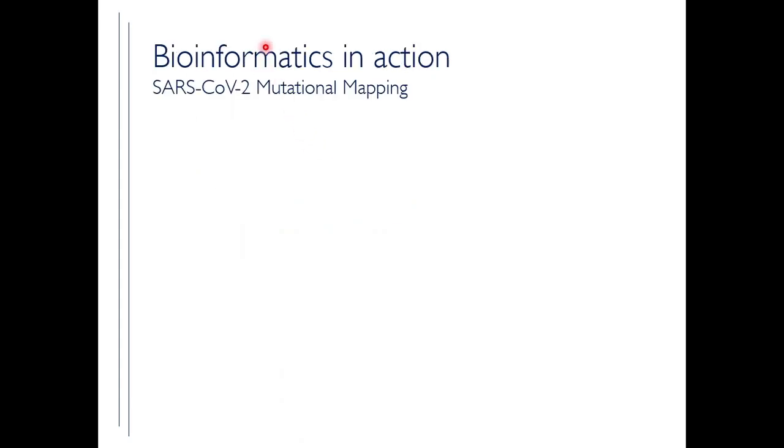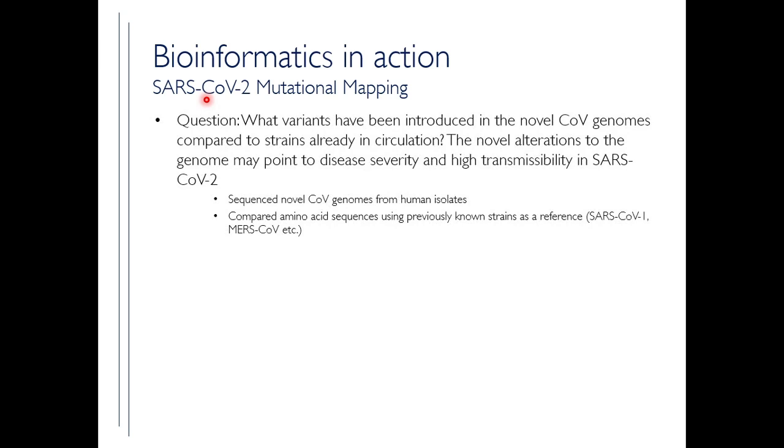So I thought I'd give you a couple of examples of bioinformatics in action, specifically relating to the COVID pandemic. And this one, essentially what this particular paper tried to do was to look at the different variants that have been introduced into the COVID genomes compared to strains already in circulation. So again, hopefully you're aware that this particular coronavirus, SARS-CoV-2, wasn't a new thing.